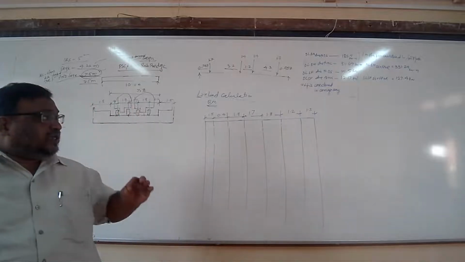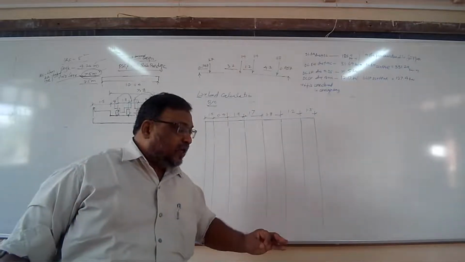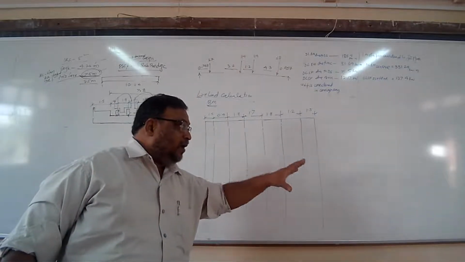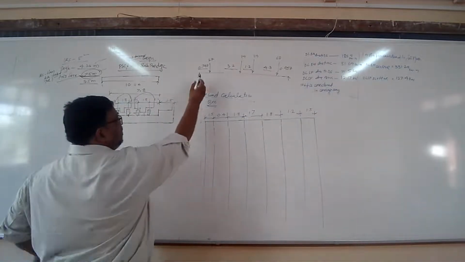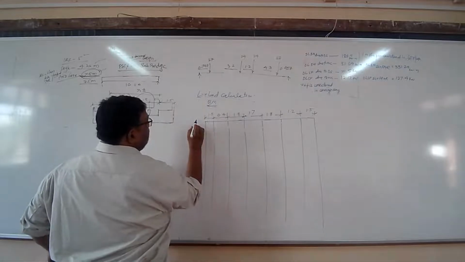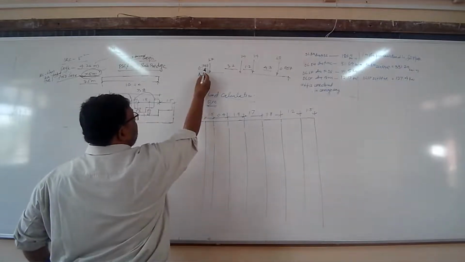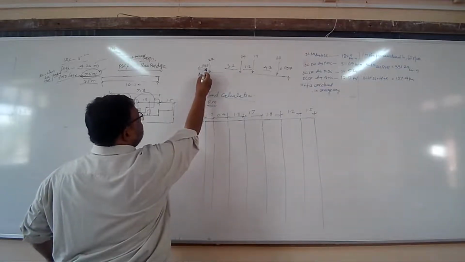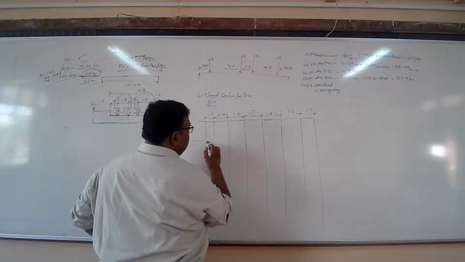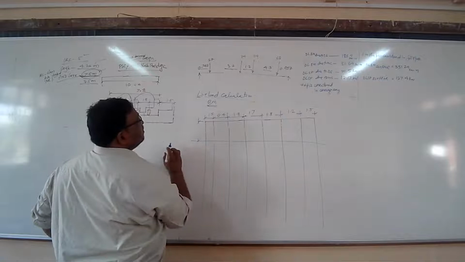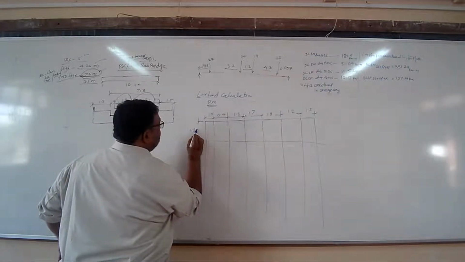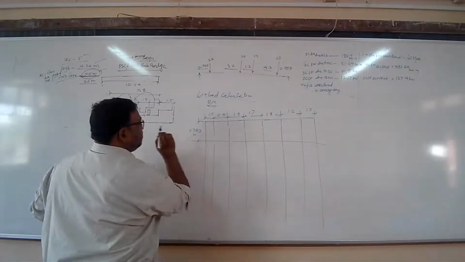I am sketching the position of the vehicle in plan. How will the vehicle look in plan? What must be the first line of load? This is the support here. How far from there will the first line of load be? 0.743. So here it is. Let this distance be 0.743 meters.